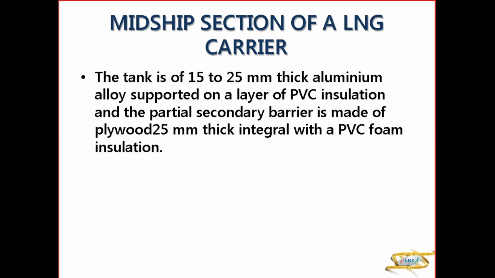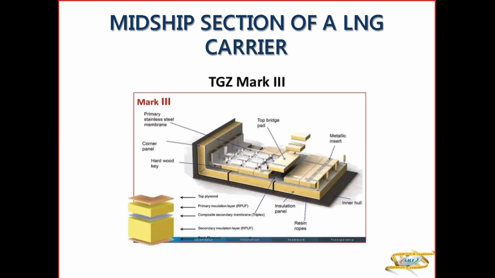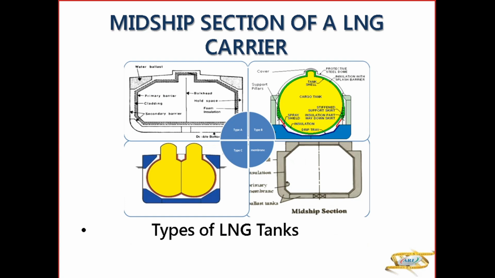The tank is 15 to 25 mm aluminum alloy. Here you have PVC insulation and a secondary barrier made of plywood 25 mm thick with PVC foam. These days, the semi-membrane type is basically obsolete, so you don't have to study it as such. So that's a recall here.